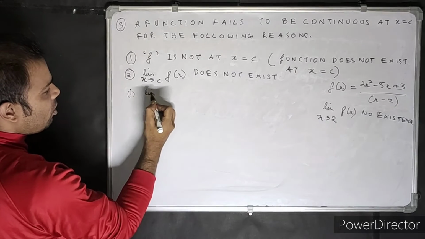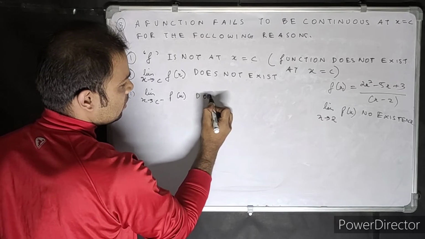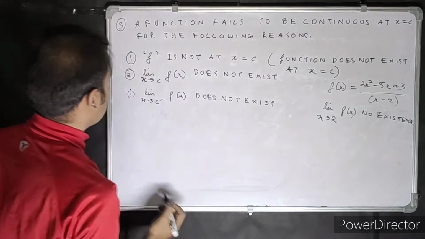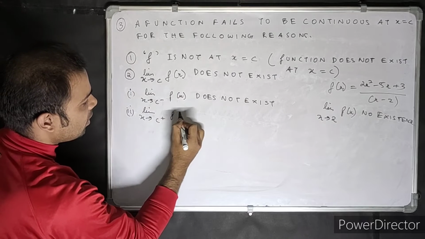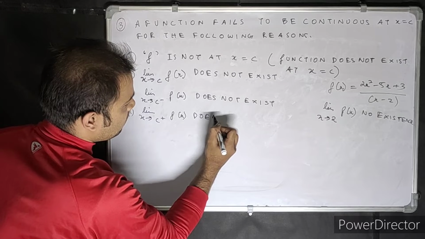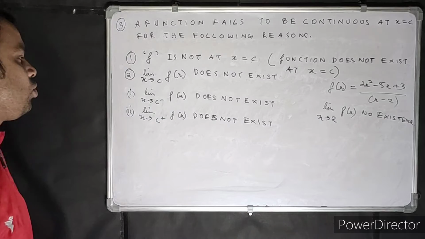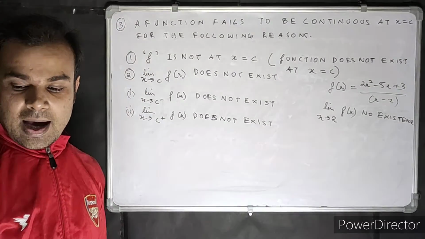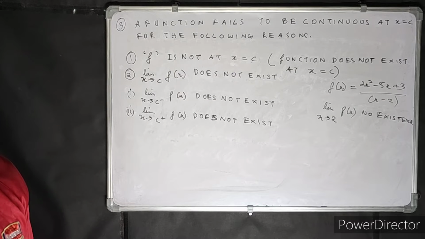One part is limit of x tends to c negative, f of x does not exist. And limit of x tends to c positive, f of x does not exist. So these two things will happen when this happens. And or both do not exist.